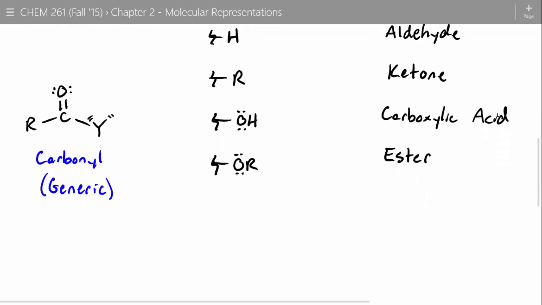The next one looks a little bit different. Let me actually draw this out. What do we call it if that Y group is replaced with this chunk? Anhydride.